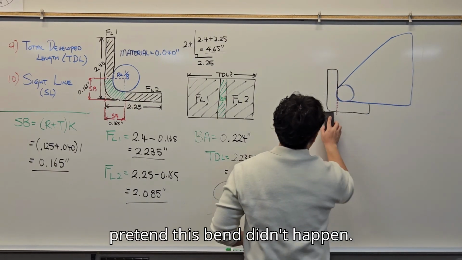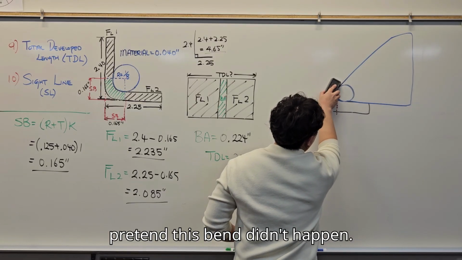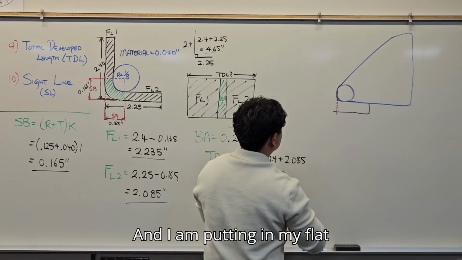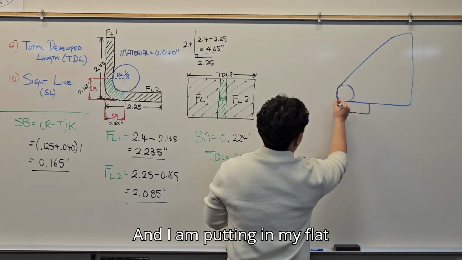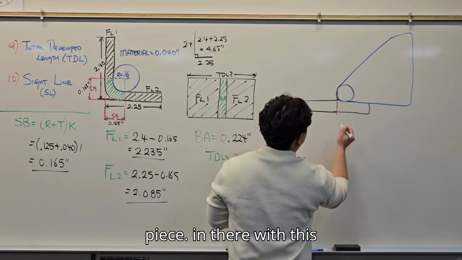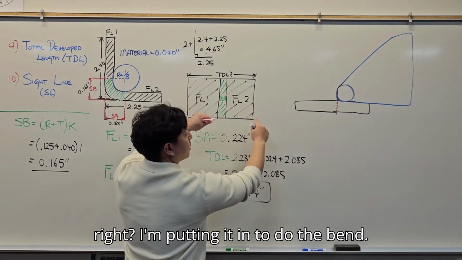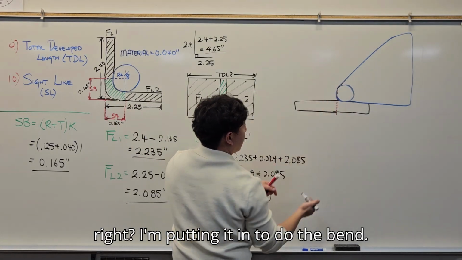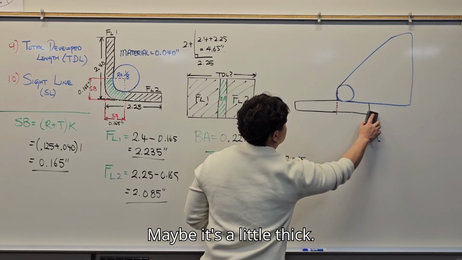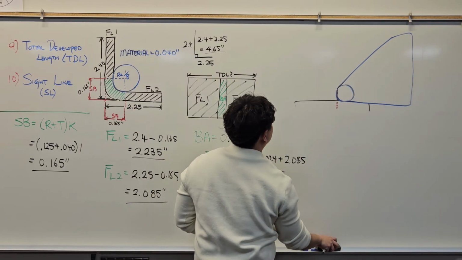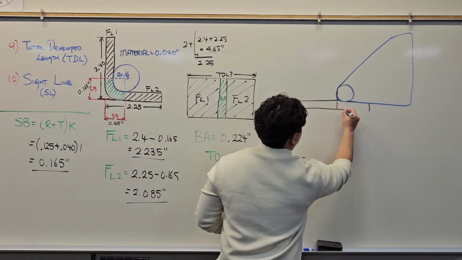So let's pretend this bend didn't happen, and I am putting my flat piece in there. This is this piece, looking at it from the side, right? I'm putting it in to do the bend, maybe a little thick.